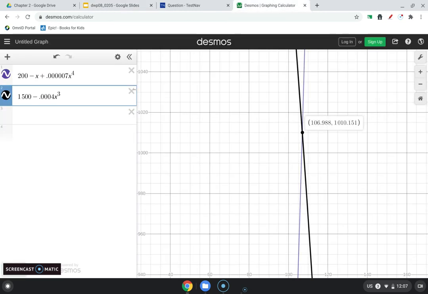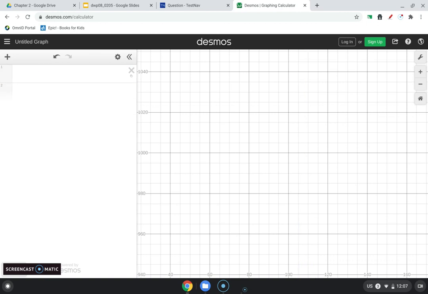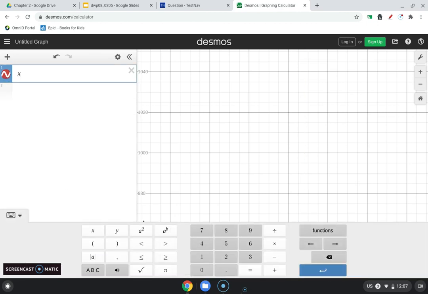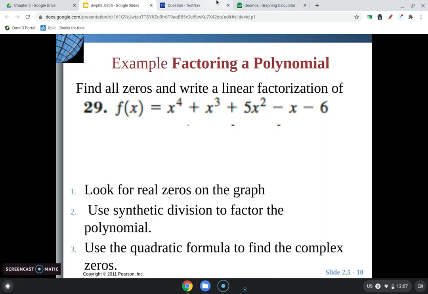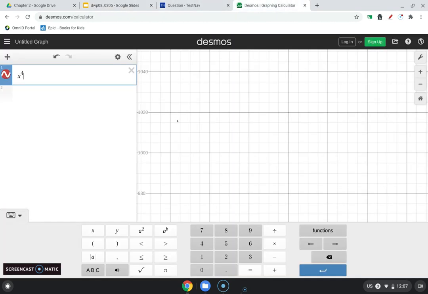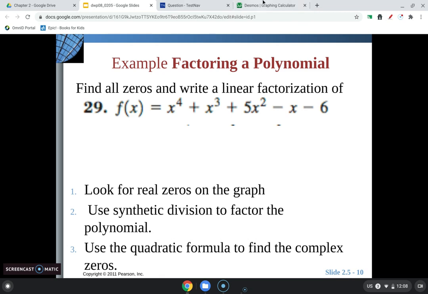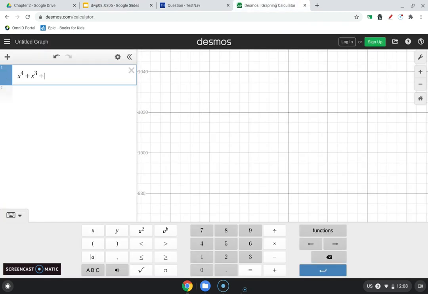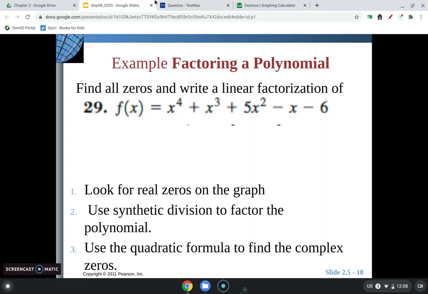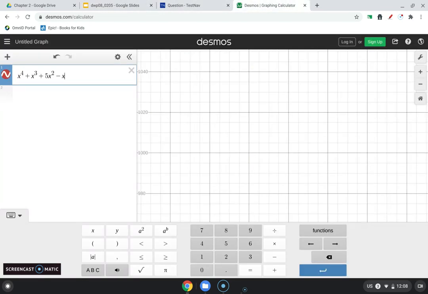All right, so first thing I want to do to find my zeros is graph that on Desmos to find the real ones. So x to the fourth plus x cubed plus 5x squared minus x minus 6.